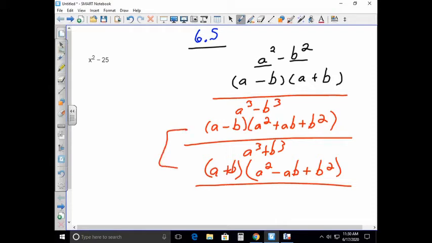Notice that these are almost exactly the same. If you can remember the terms, there's an acronym, SOAP, that'll allow us to determine what our signs are. The first sign is the same as what we're factoring. If it's a minus, that's a minus. If it's a plus, that's a plus. The next sign is the opposite of what we start with. If this is a minus in the middle, that's a positive.